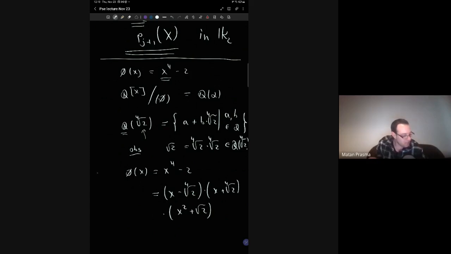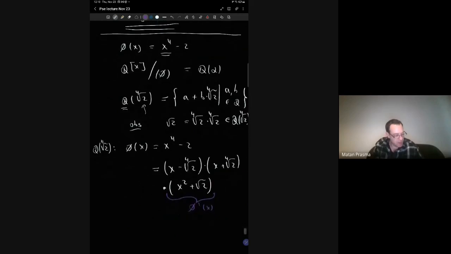So in Q, square root of 2, x, this guy, which we can call phi prime, phi prime does not have any root, because in order for phi prime to have a root in this guy, I would need some symbol satisfying the symbol square equals to -1.